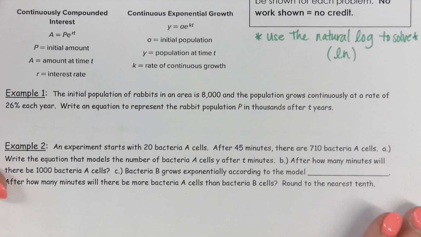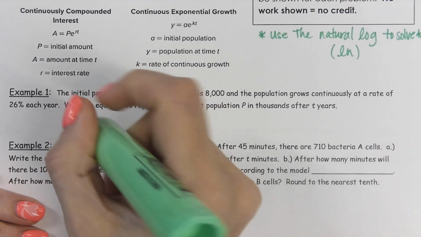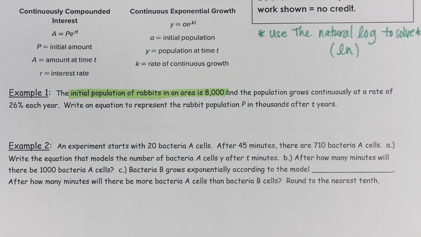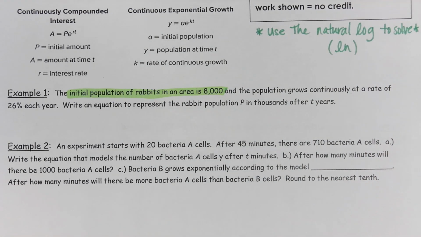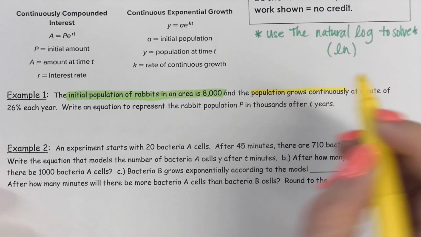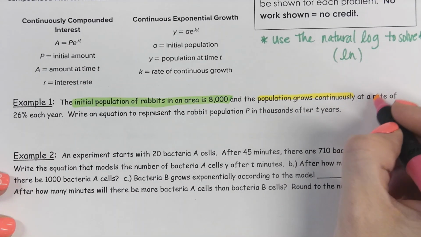All right, so in our first example, it says the initial population of rabbits in an area is 8,000, and the population grows continuously. So that lets us know that we're using our continuous exponential growth. And they give you the rate of 26% each year.